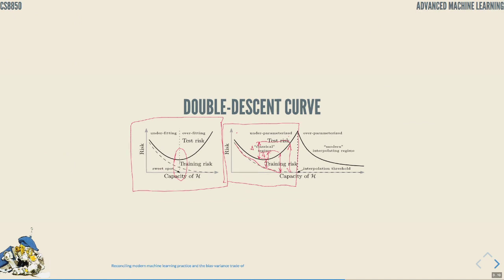you keep increasing the number of parameters. Well, Belkin and co-authors found that, surprisingly, very large models perform really well.